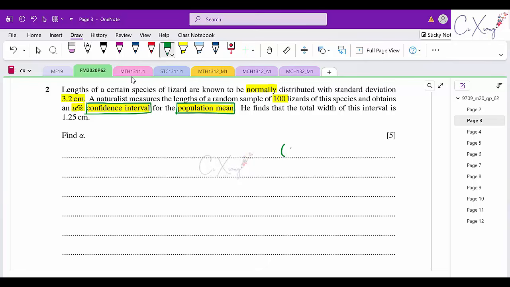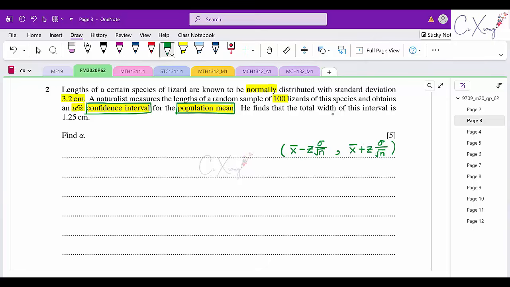The general formula is sample mean minus z multiplied by sigma over square root n. Then the upper limit will be x bar plus z sigma over square root n. So we have the general formula for the confidence interval for the population mean, with the lower limit and also the upper limit.